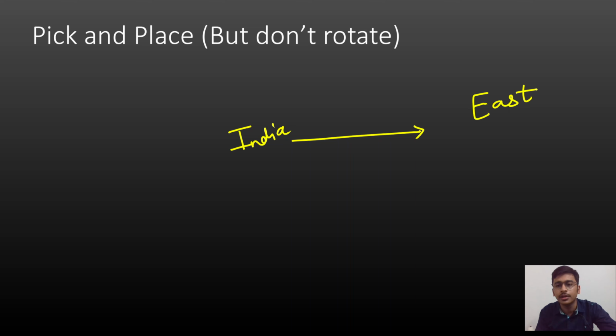From India. South Korea is also in the east direction of India, correct? So this vector is also an east vector, this vector is also an east vector. So we are essentially just picking and placing those vectors. We are not rotating those vectors, and it's okay. So this is a general rule that you can pick and place vectors, but you cannot rotate those vectors, correct?